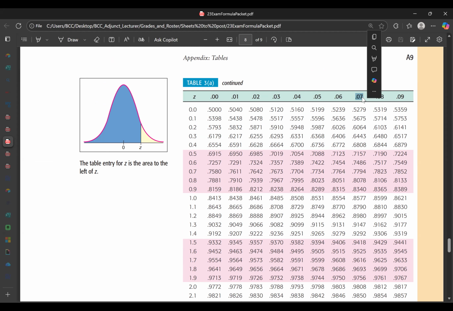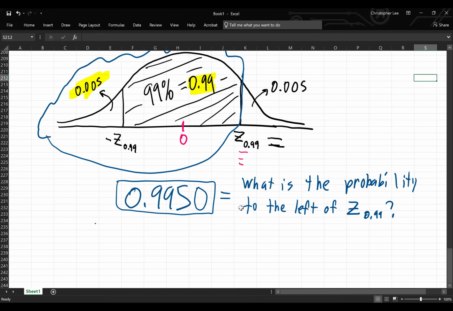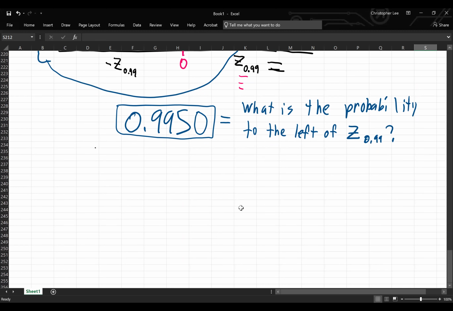So that's 2.57, plus 2.58. And then what that is, is the answer I'm looking for. That's the Z value.